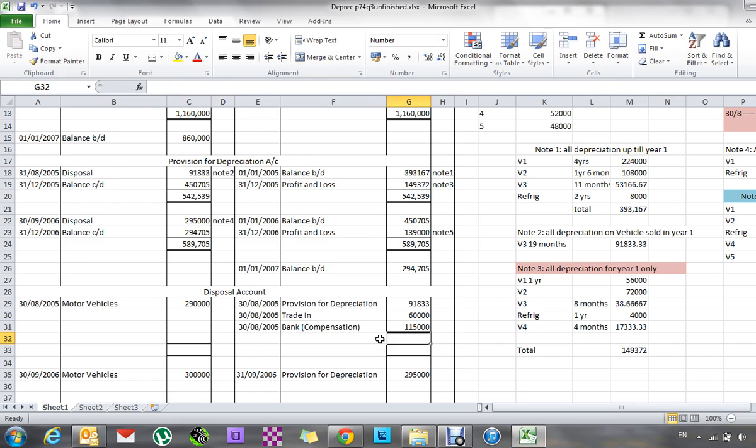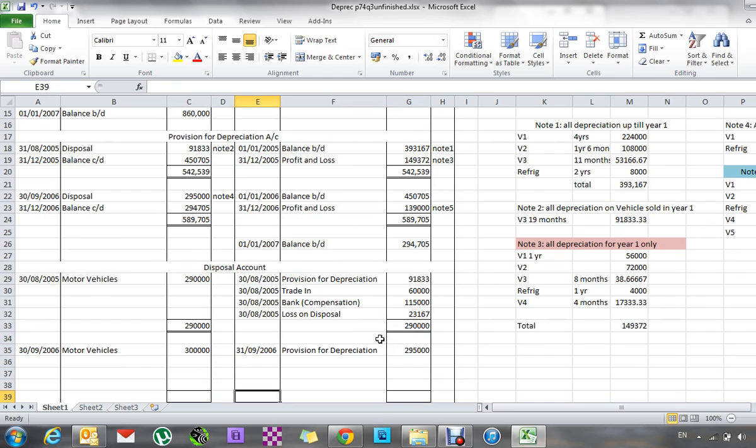We add these two together, and it looks like this side is going to be bigger, so I'm going to have 290 on that side, and I have 290 total here, which means I made a loss. My loss, which happened on the 30th of the 8th, 05, is going to be 290 minus the 115 minus the 60 and minus the 91 depreciation. So 23 grand.